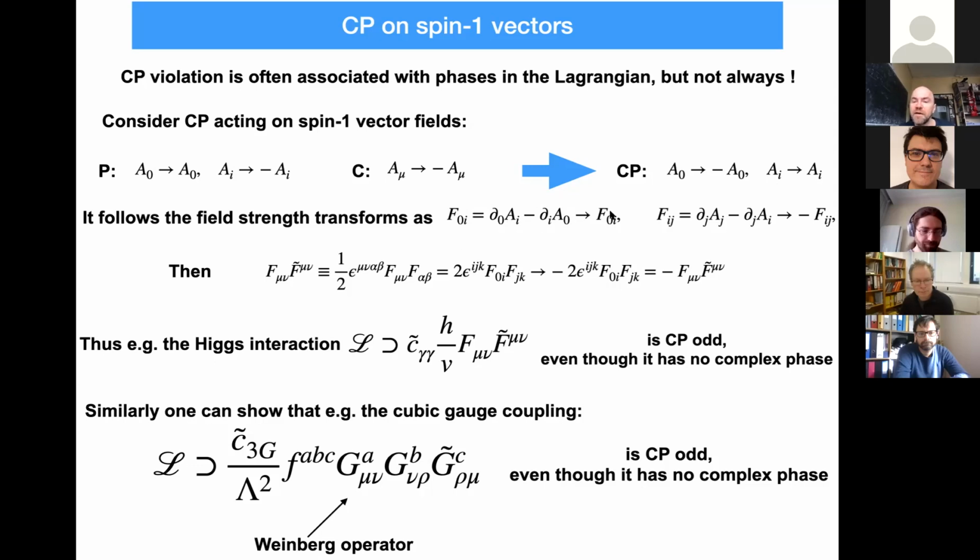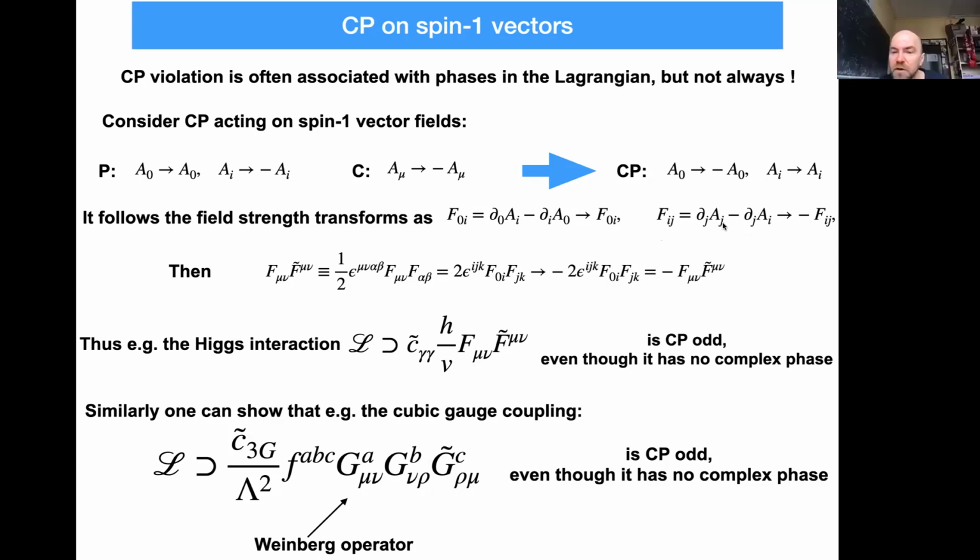So F0i doesn't change under CP, and you know that F0i is related to the electric field. The electric field doesn't change under CP. On the other hand, Fij, this should be i instead of j, because you have a spatial derivative, it will flip the sign, and the A^i doesn't change, then it goes to minus itself.